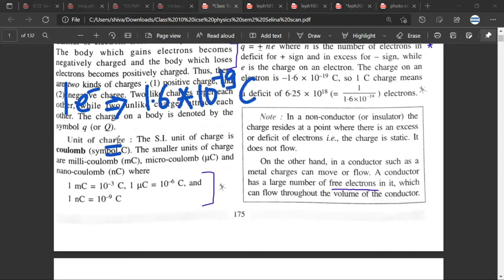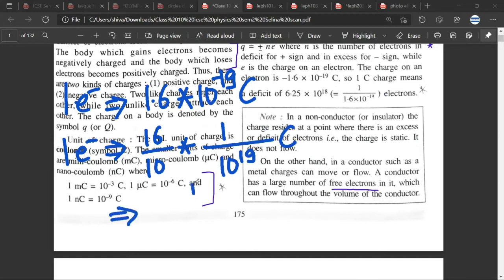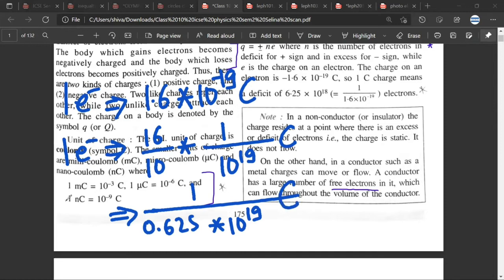To make things easier, let me write it like this: 1 electron is equal to 16 upon 10 into 1 upon 10 raised to the power 19 coulomb. Further, let me calculate 10 upon 16. 10 divided by 16 is 0.625.